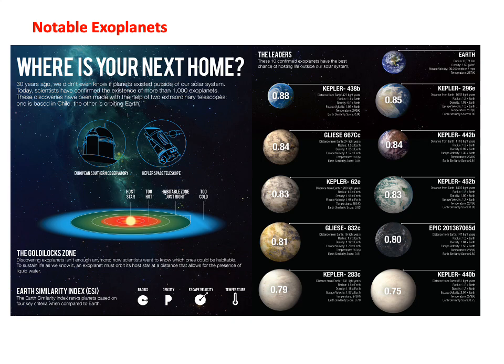This one was observed by the European Southern Observatory's telescope, and it has an Earth Similarity Index of 0.84, and so on and so forth. We really don't know what the colors of these planets look like. These are artists' conceptions of them, but the point is we are starting to locate Earth-similar planets.